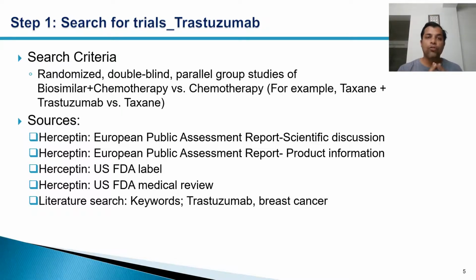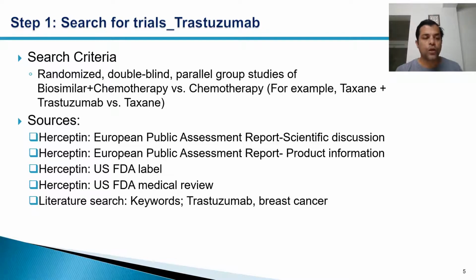One can also download US FDA label, US FDA medical review. So these two are the standard documents. Since you are doing study of a biosimilar, you will already have the innovator's data. Here, in case of trastuzumab, the data is Herceptin. So you will have data from European submission or US FDA at least.